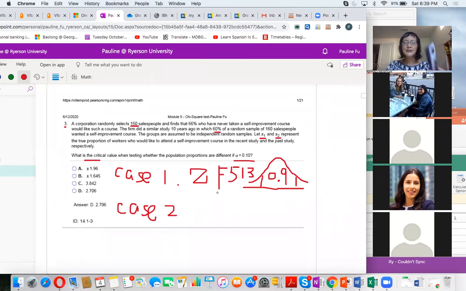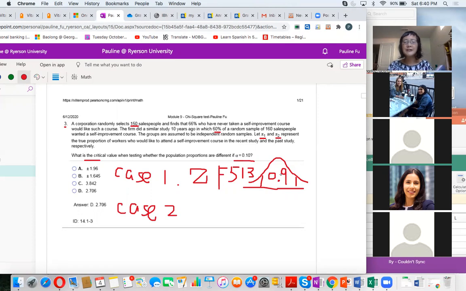Okay. So you press the F5, F1, F3 buttons. Okay. Area, you select central because you know the central area is 0.9, and then you type in 0.9. Sigma is 1, mu is 0.